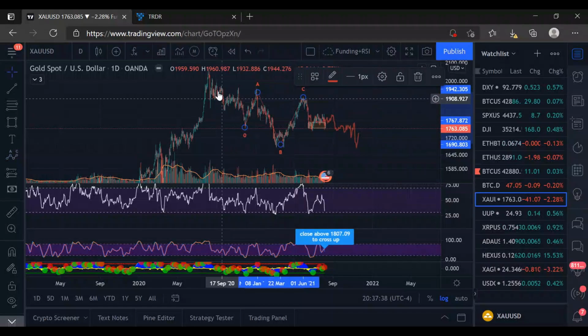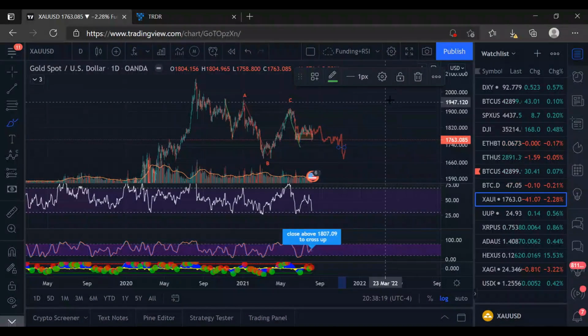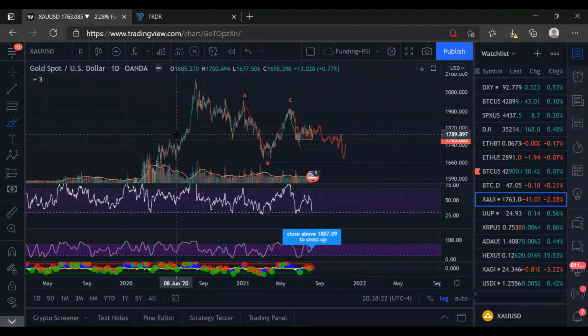We're going to do that. Drawing, draw the brush. So matching this leg with this leg. Then it played out this little consolidation, dropped. I'm spanning it out a little too far though. Get rid of that one, go back to my cursor.